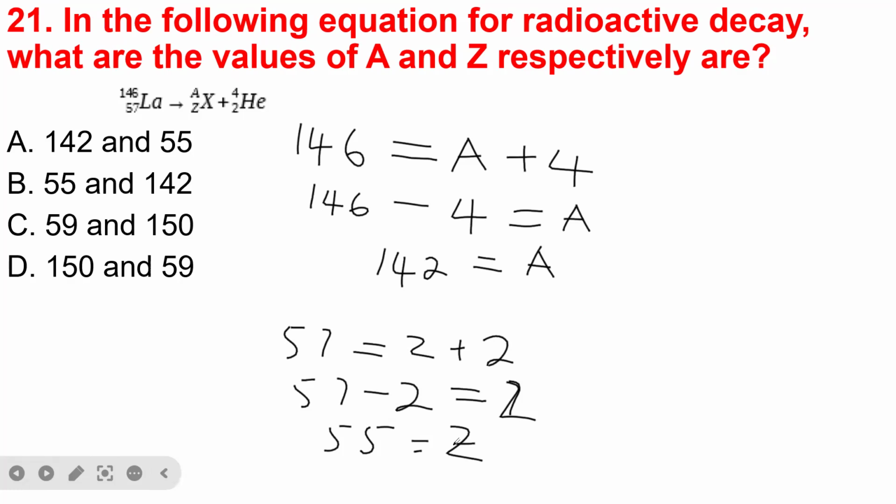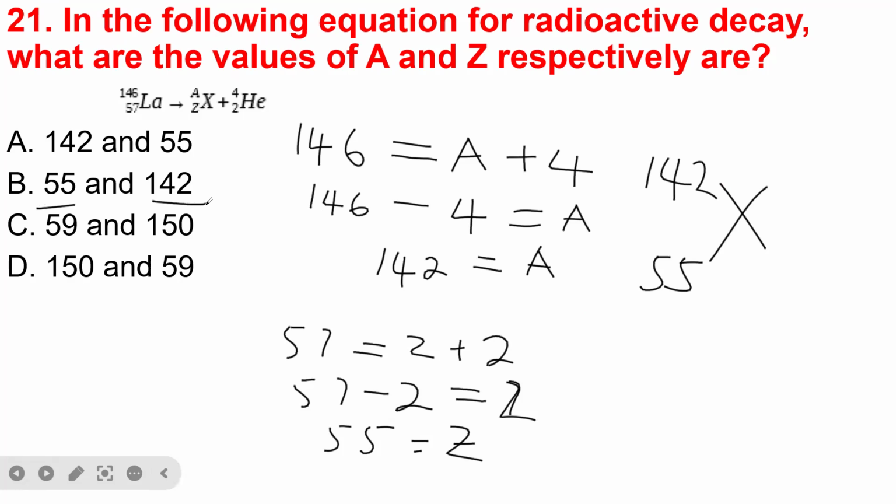Therefore, X has a mass number of 142 and an atomic number of 55. So our Z is 55, then our A is 142.